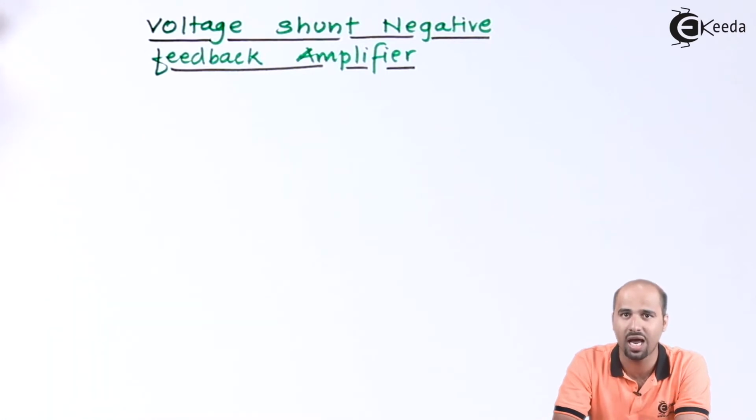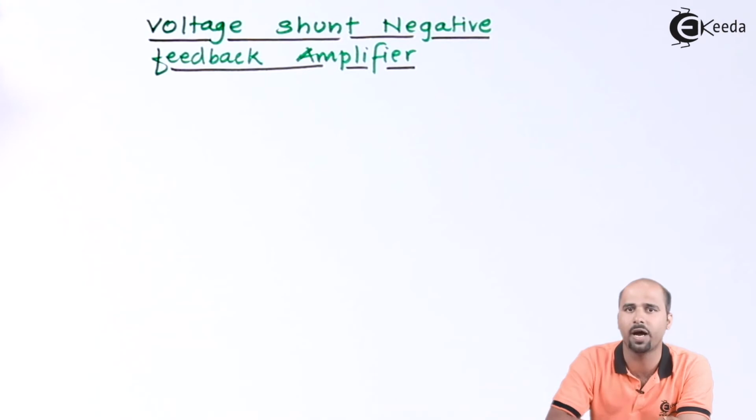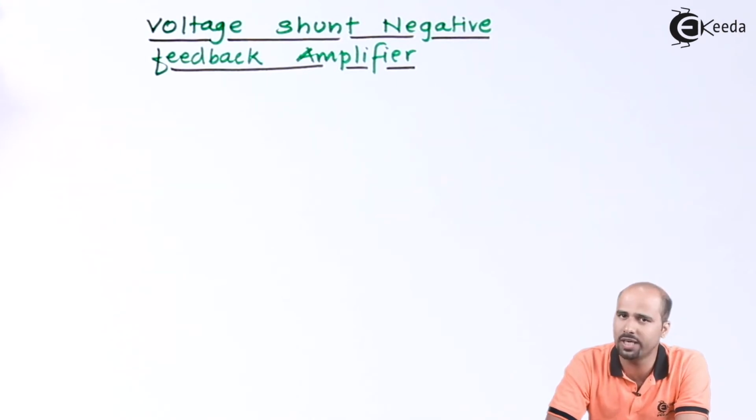So now I have the idea that at the output side I have voltage and at the input side I have current. So tell me quickly, which kind of amplifier do I have to use for the forward amplifier? Voltage is the output parameter and current is the input parameter, right?